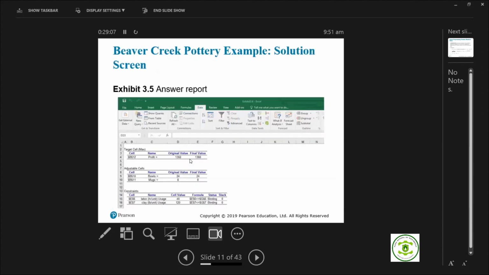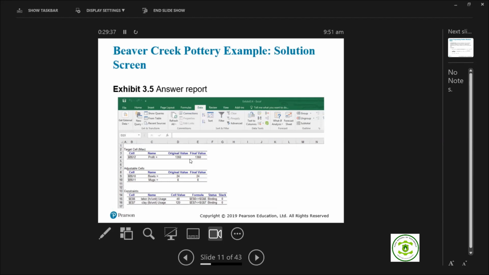So let's look at the answer report. Any of them is the same. First, we have the cell number where we had our objective function.